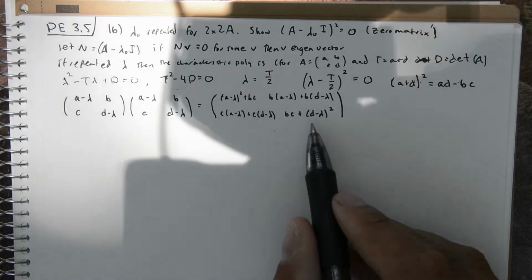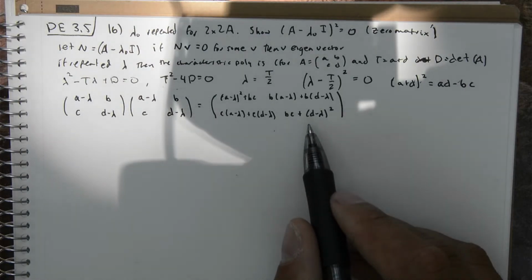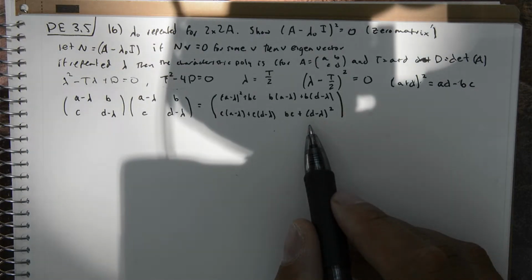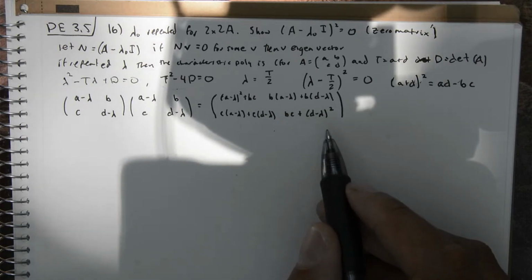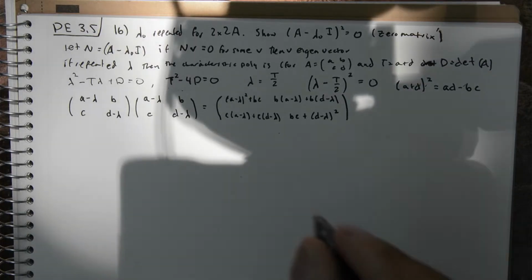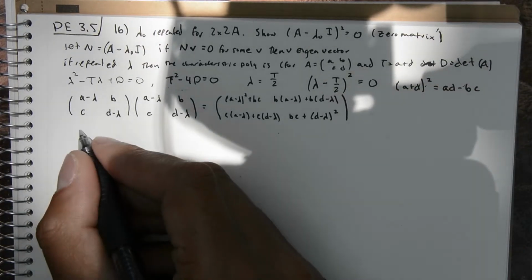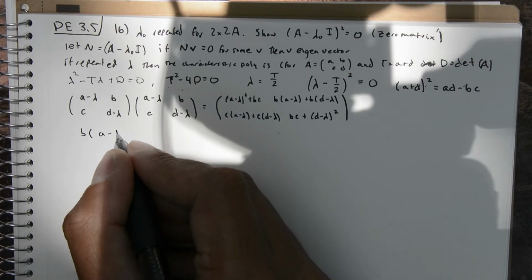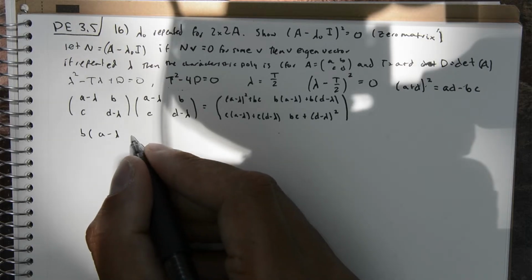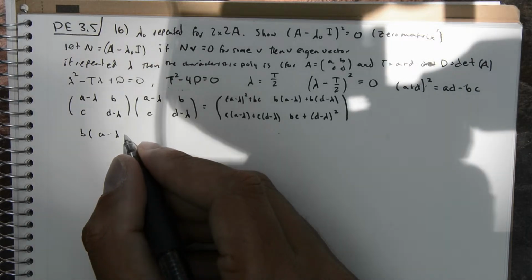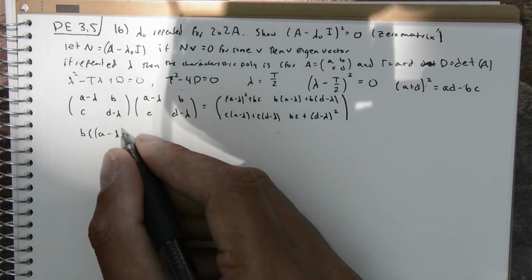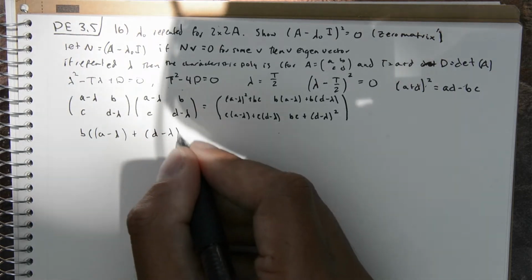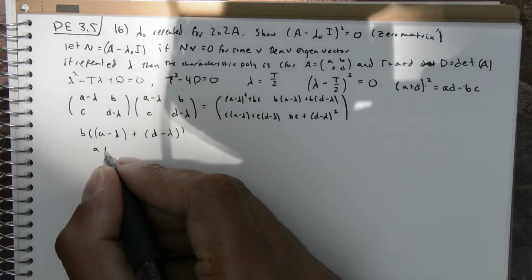But that doesn't show up anywhere, does it? Oh wait, does it? B times a minus lambda plus d minus lambda.